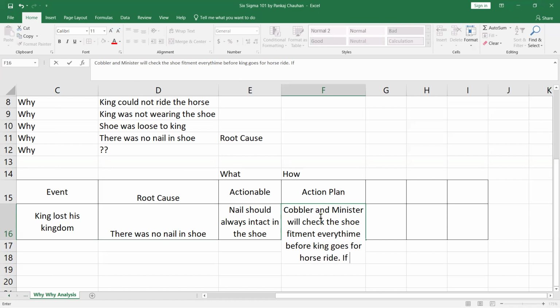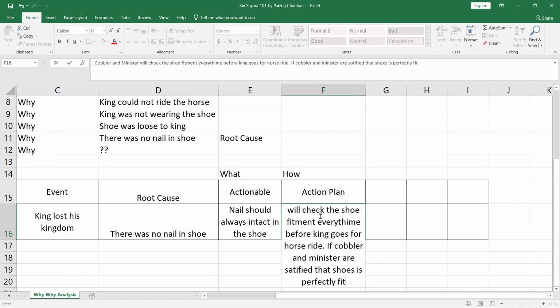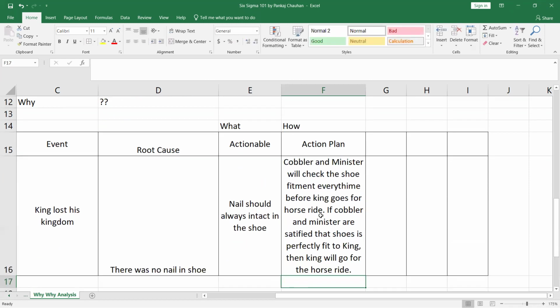If the cobbler and minister are, let's say, okay or satisfied that the shoe is perfectly fit to the king, then the king will go for the horse ride, or only then will the king be allowed to go for the horse ride.